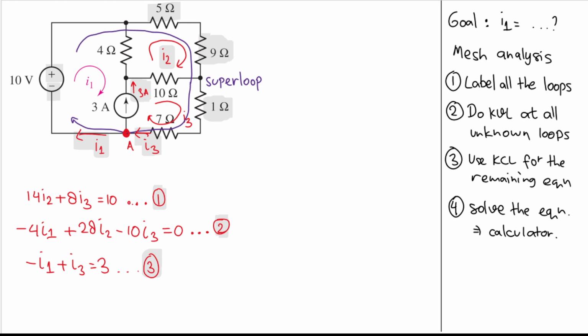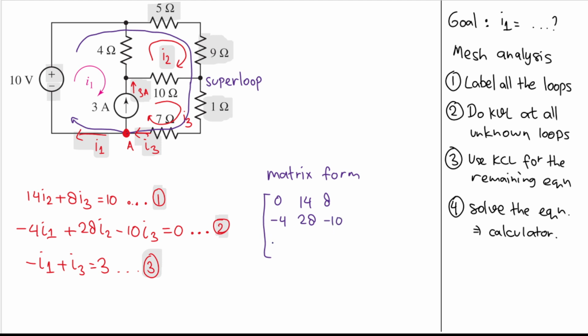Okay, maybe it is easier for us to see in matrix form, right? So we will have this matrix form here. We will have a 3 by 3 matrix because we have 3 variables. So we will have 0, 14, and 8. And then we will have minus 4, 28, and minus 10.